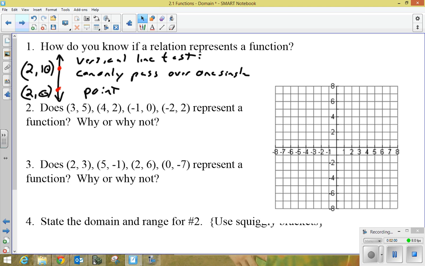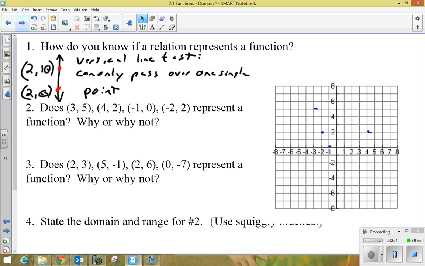Okay, so number 1, does (-3, 5), (4, 2), (-1, 0), (-2, 2) represent a function? Well, you can graph these points, and so we have (-3, 5), we have (4, 2), we have (-1, 0), and (-2, 2).